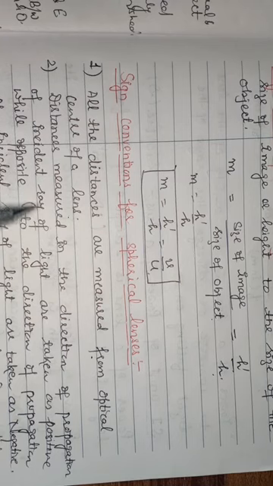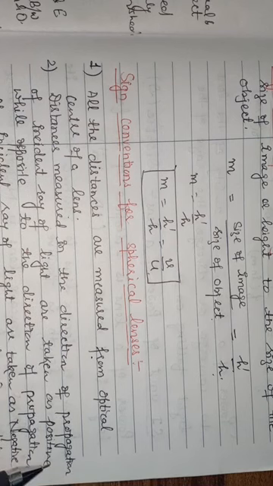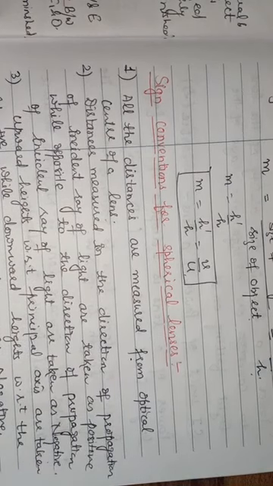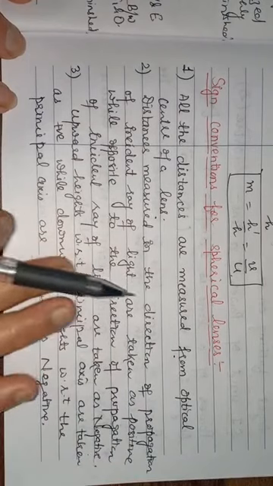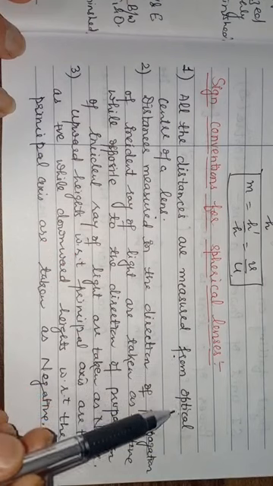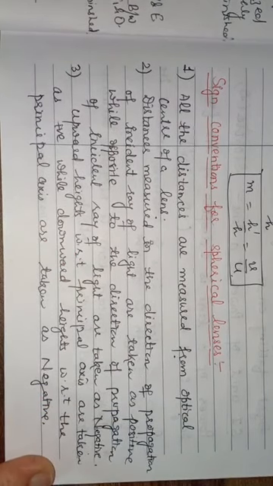Second, distances measured in the direction of propagation of incident ray of light are taken as positive, while those opposite to the direction of propagation of incident ray of light are taken as negative. Third, upward heights with respect to the principal axis are taken as positive, while downward heights with respect to the principal axis are taken as negative. These two are the same; only one difference is there in the first, that now all the distances are measured from the optical center of the lens.